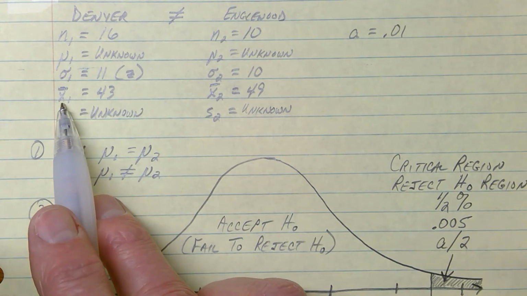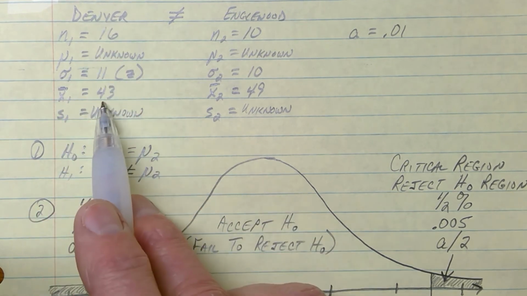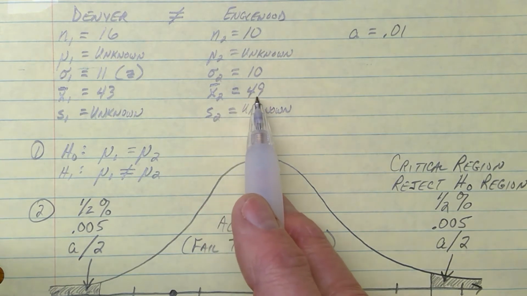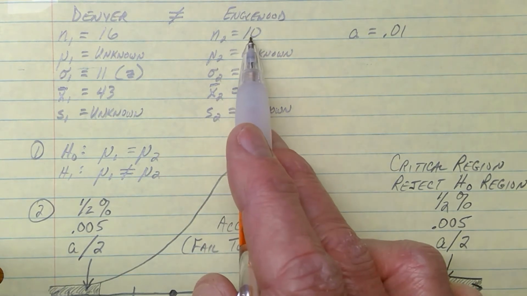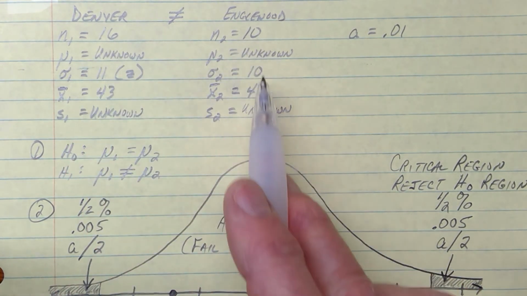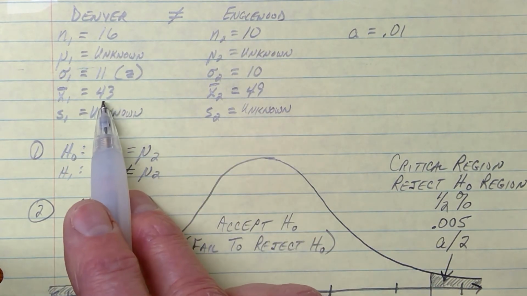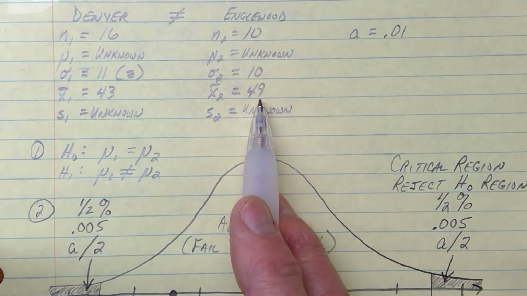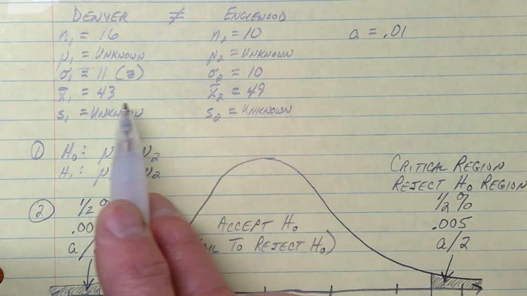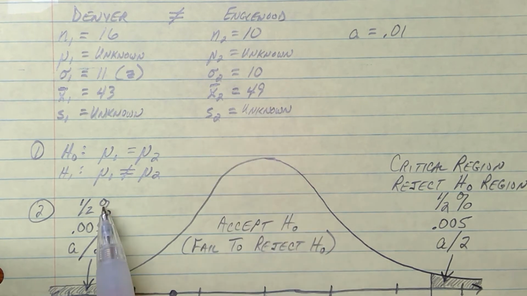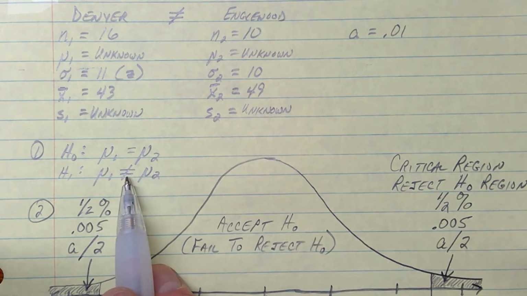It looks like the pollution index in Denver was 43 from your sample of 16 measurements, and in Englewood it was 49 from your sample of 10 measurements. So it looks like from your sample that Denver is lower than Englewood. That could have been our challenge; we could have tested that Denver is lower than Englewood. But they chose to phrase the challenge as just different from.